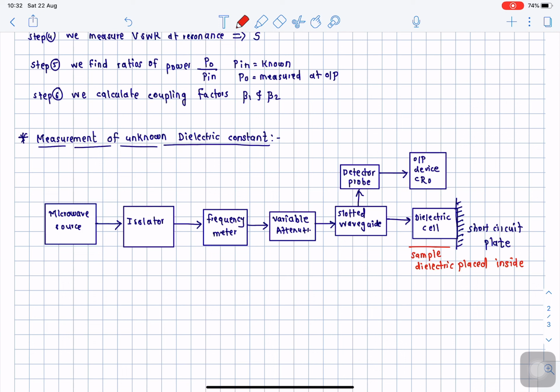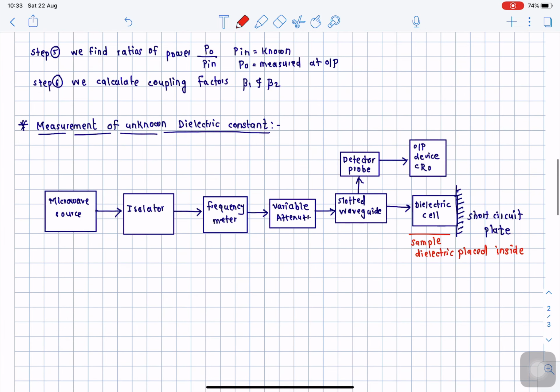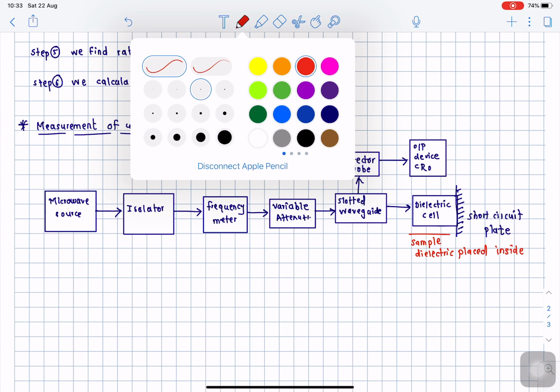So here we are going to place the dielectric material in this way, right? So this we call a dielectric cell. So the sample dielectric is placed inside this dielectric cell, and this is a typical setup for the measurement of dielectric constant of the given sample material.